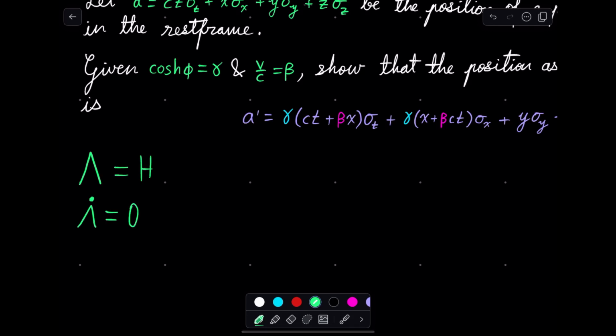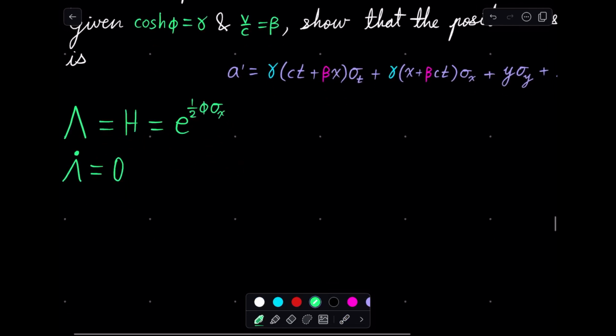So that means we can use the definition that was given when the Lorentz rotor was first introduced in my videos. That is e to the 1/2 phi, then the direction of motion. The direction of motion happens to be sigma x, so we can just write that. Therefore, this right here is a Lorentz rotor.